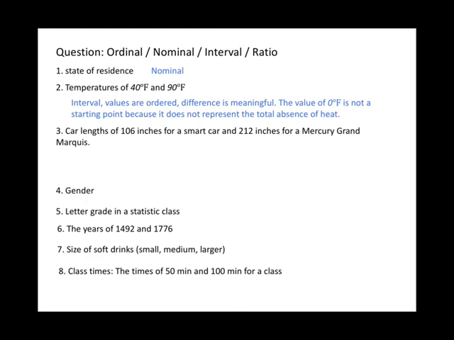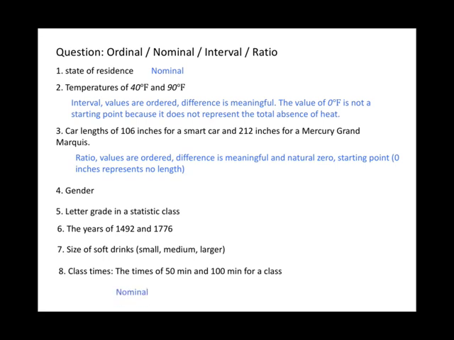Number 3, the car length. So this is going to be ratio because 0 inches will represent no length. Number 4, gender. Gender, these are names or labels, but they don't have a natural order, so it's going to be nominal. Letter grade in statistics class.